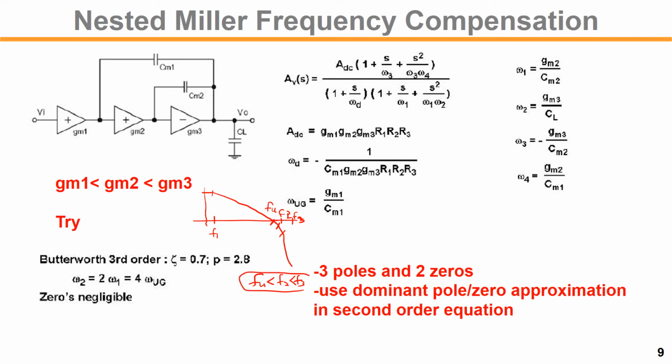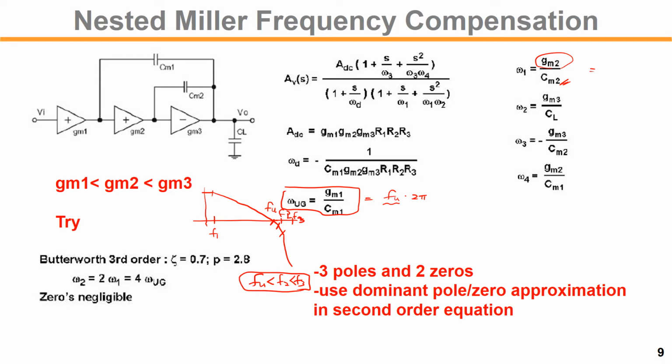But what determines FU and F2 and F3? FU here is GM1 over CM1, that is 2 pi FU, right? So omega 2 is determined by GM2 over CM2, and this is the F2.